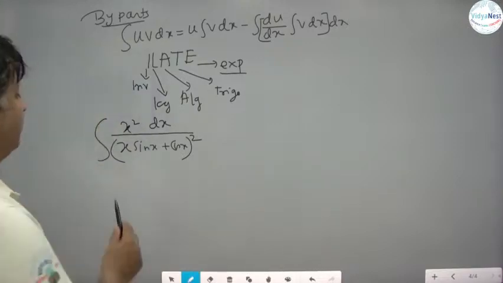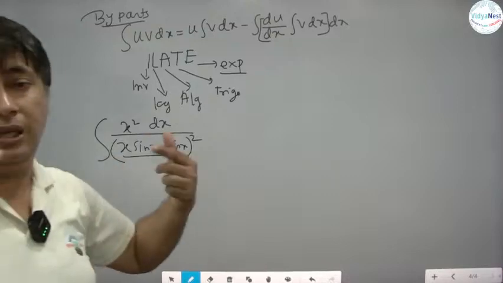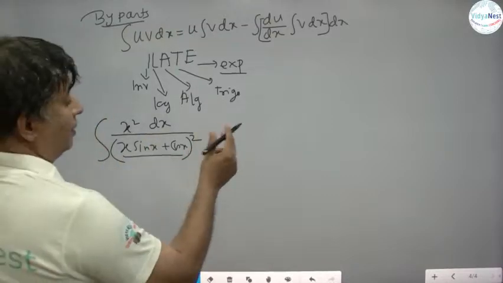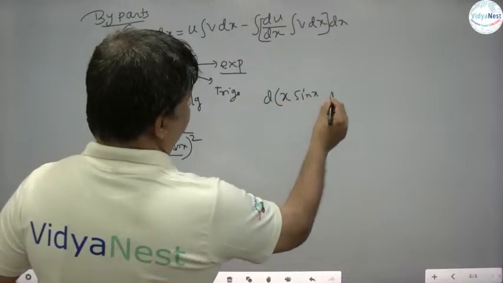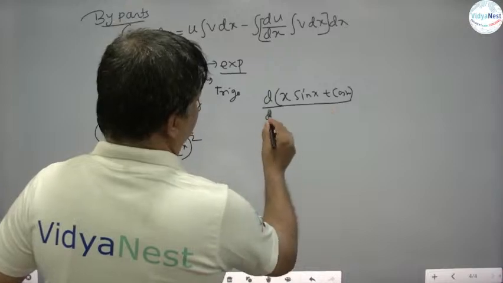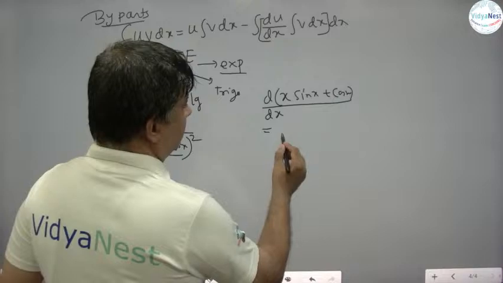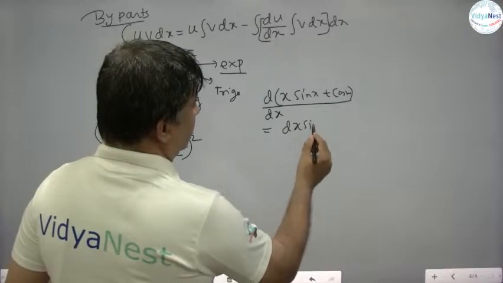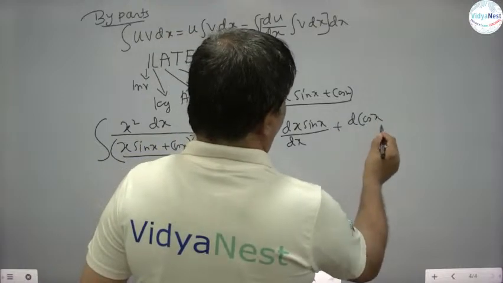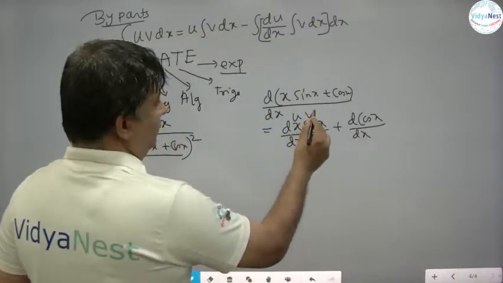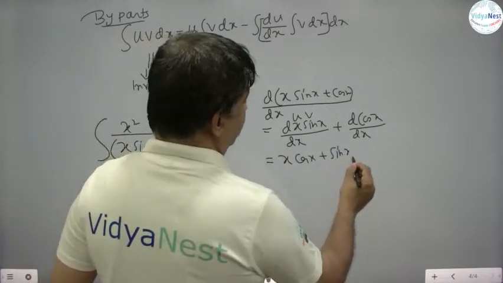See, what is the trick? Inwardly, you calculate the differentiation of this, inwardly. Okay? Do this in your mind. Do the differentiation in your mind, what will come? This will be x cos x plus sin x minus sin x.